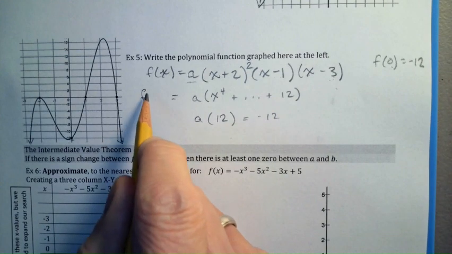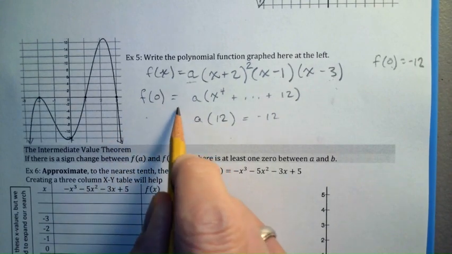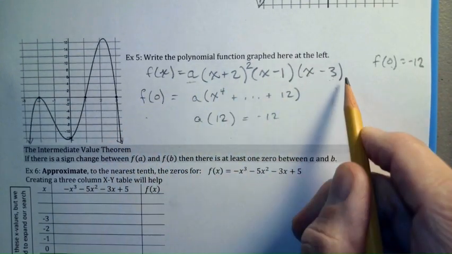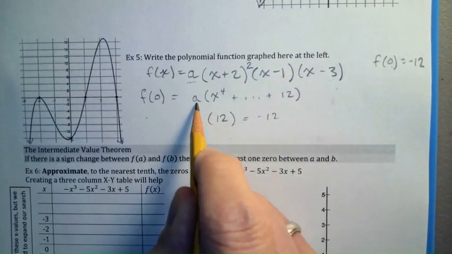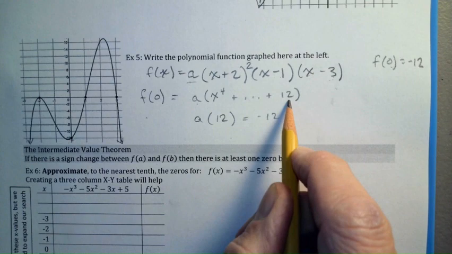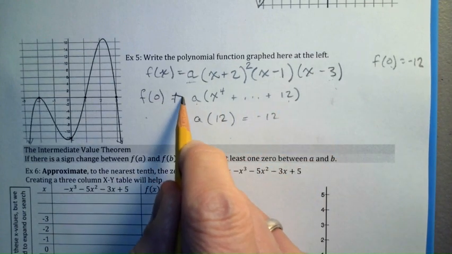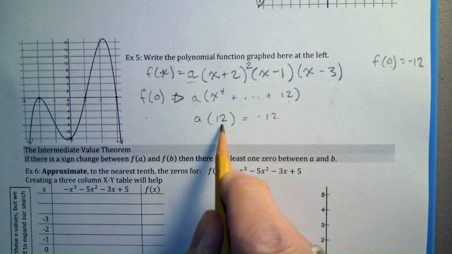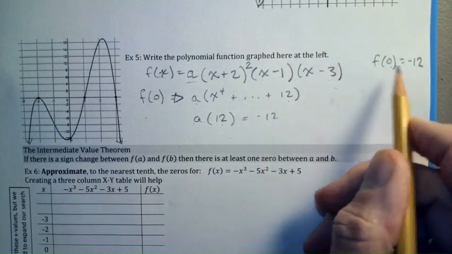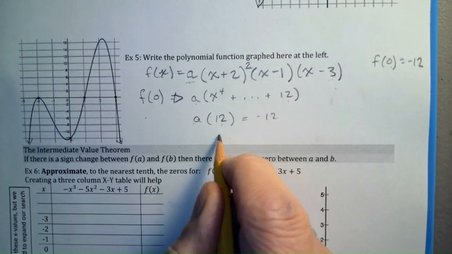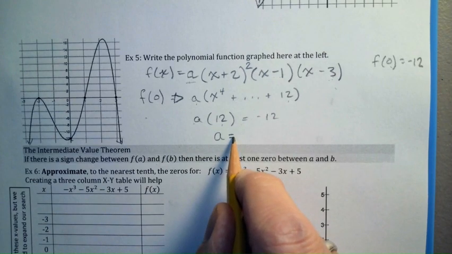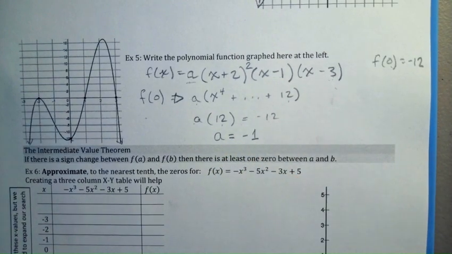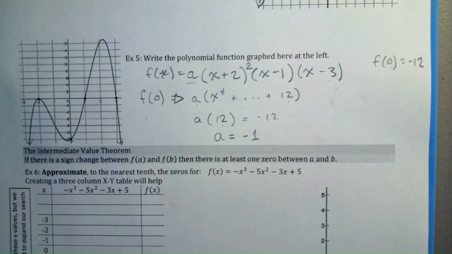So if we do f of 0, I'm expanding all this out, but all these are going to go to 0 anyway. So I'm just going to get A times 12. Then A times 12 is equal to negative 12. And so I think you can see that A would be equal to negative 1. Does that make sense?